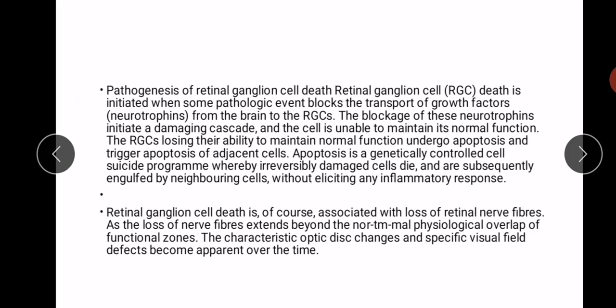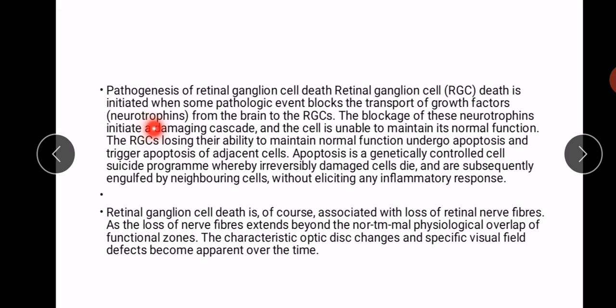What is the pathogenesis of glaucomatous damage? Actually, retinal ganglion cell death is initiated when some pathologic event blocks the transport of growth factors, neurotrophins, from the brain to the retinal ganglion cells. These neurotrophins are required for the maintenance of these retinal ganglion cells.